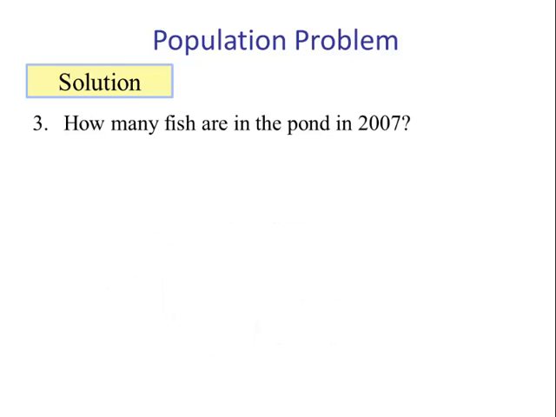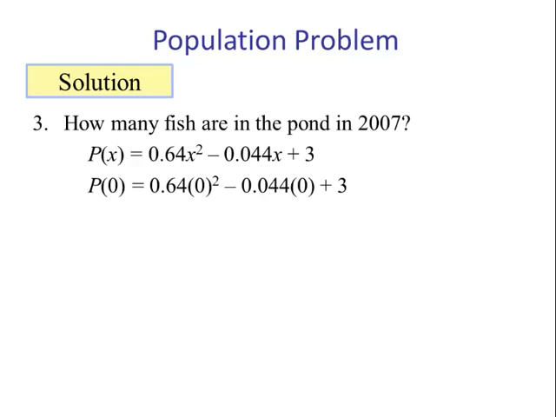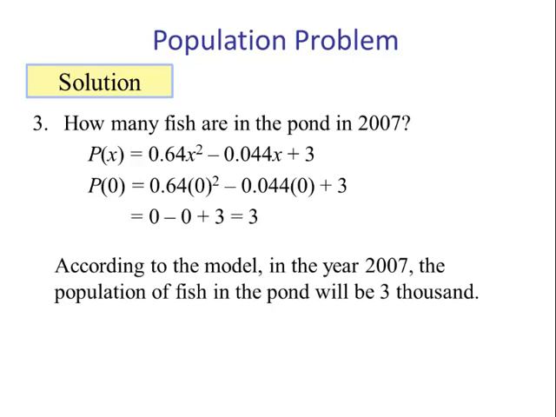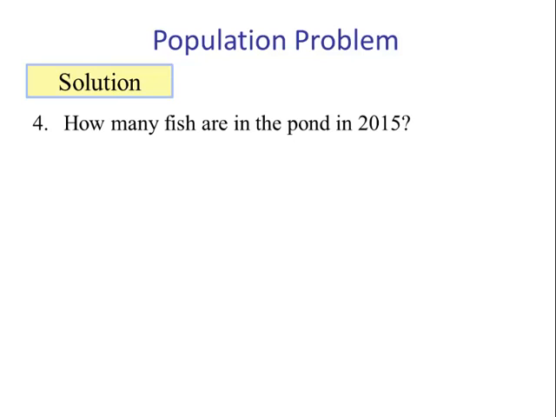Number 3, how many fish are in the pond in 2007? Well, 2007 corresponds to x being equal to 0, and we found that value to be 3. So there's 3,000 fish according to the model in 2007. Number 4, how many fish are in the pond in 2015?